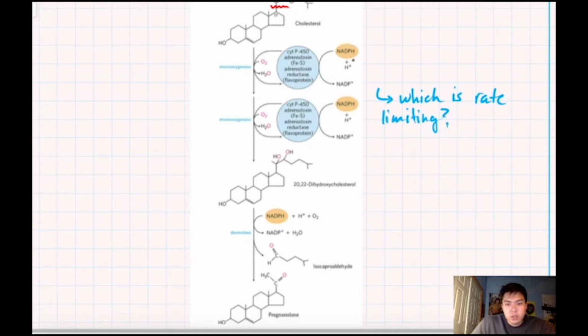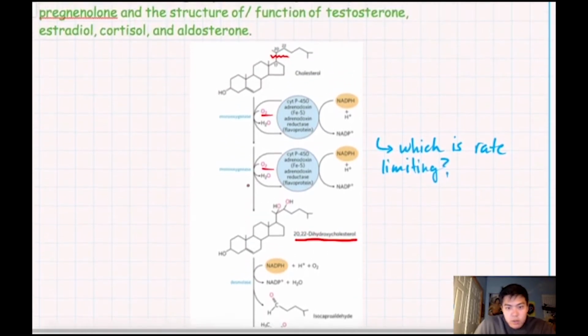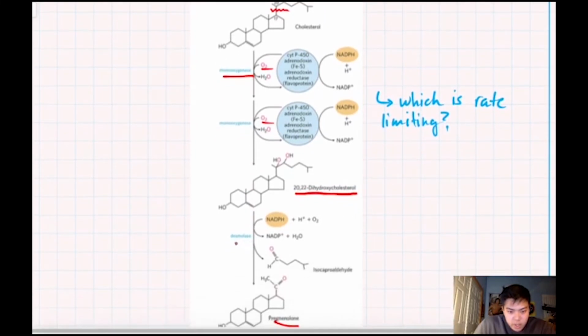So we do it twice. Use NADPH twice. It's also aerobic, O2, and we're going to get this 20,22 dihydroxycholesterol. From there, we're going to do another oxidation reduction, and we get our pregnenolone. So just know monooxygenase twice, and then desmolase in the second step.